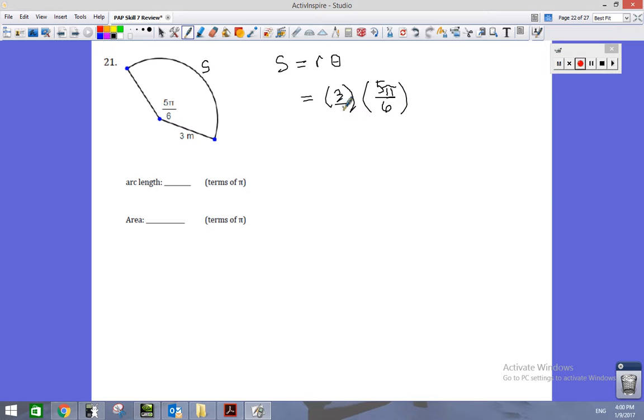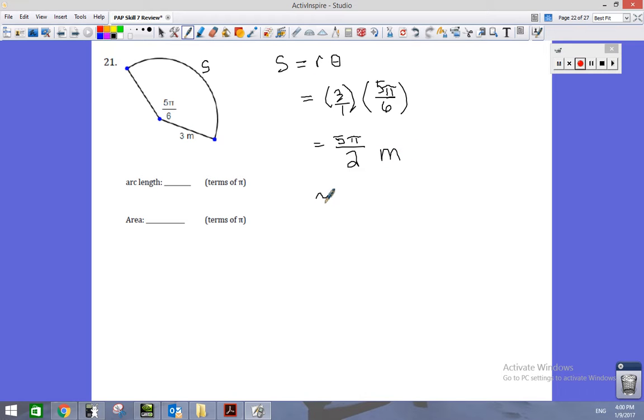So if I look at 3 as 3 over 1, you can see that 3 over 6 reduces to 1/2. That this guy is 5 pi over 2. And that has units of meters.